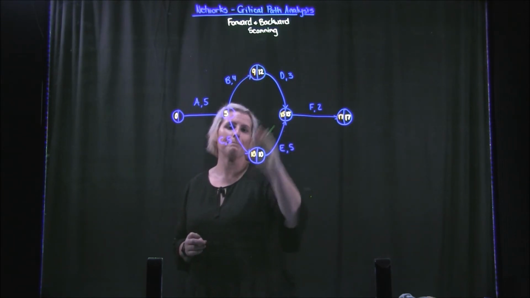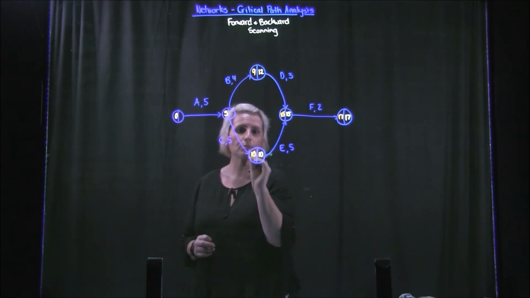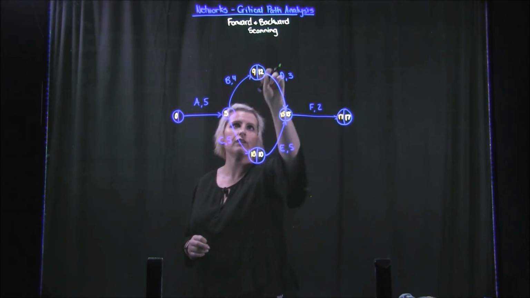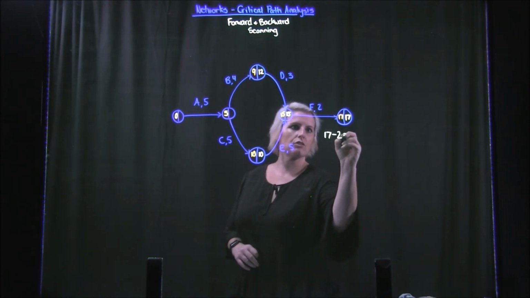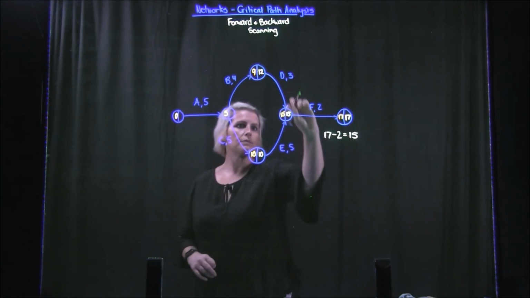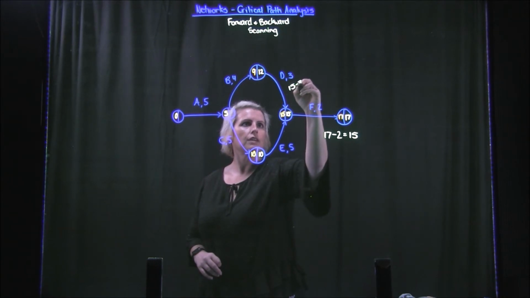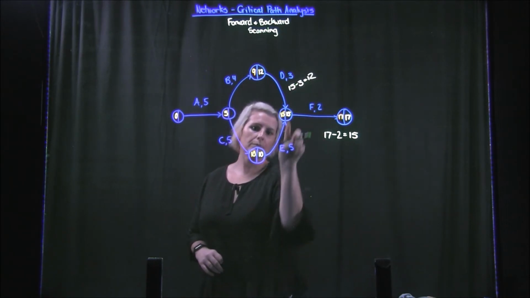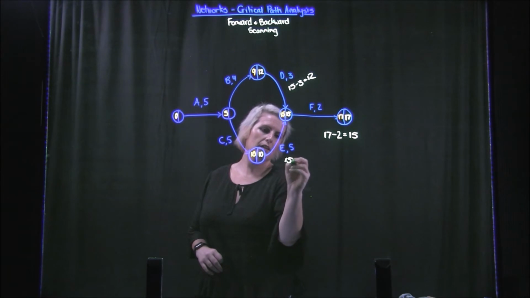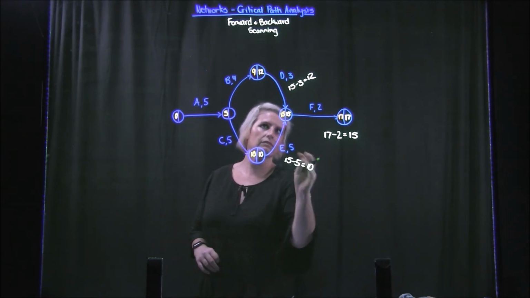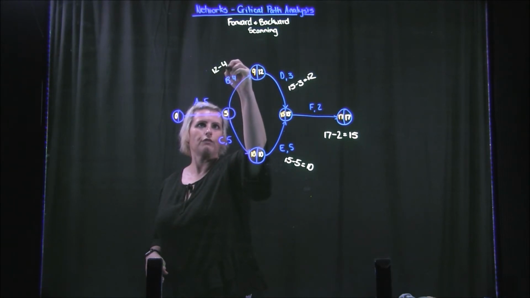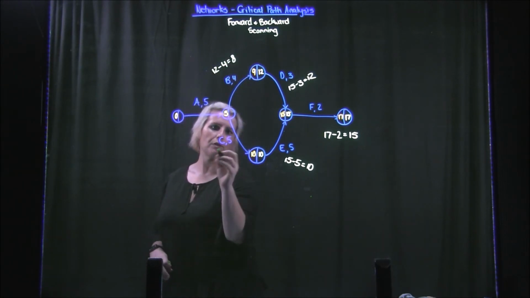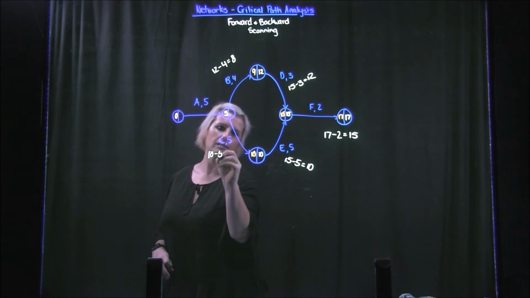So remember, when we're backward scanning, we want to choose the smallest number. So 10 take 5 is 5. Let me just write these in. That's 17 take 2 is 15. This way we went 15 take 3 is 12. This way I went 15 take 5 is 10. Then this way I went 12 take 4 is 8. But this side, 10 take 5 is 5.